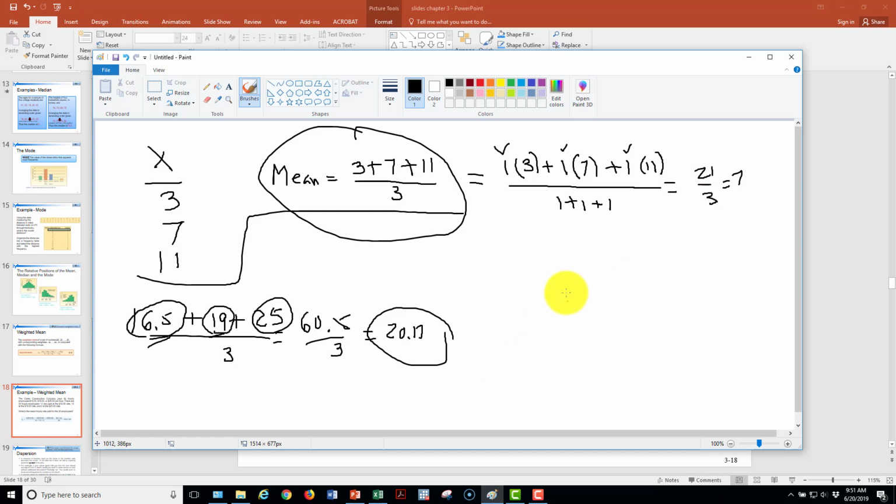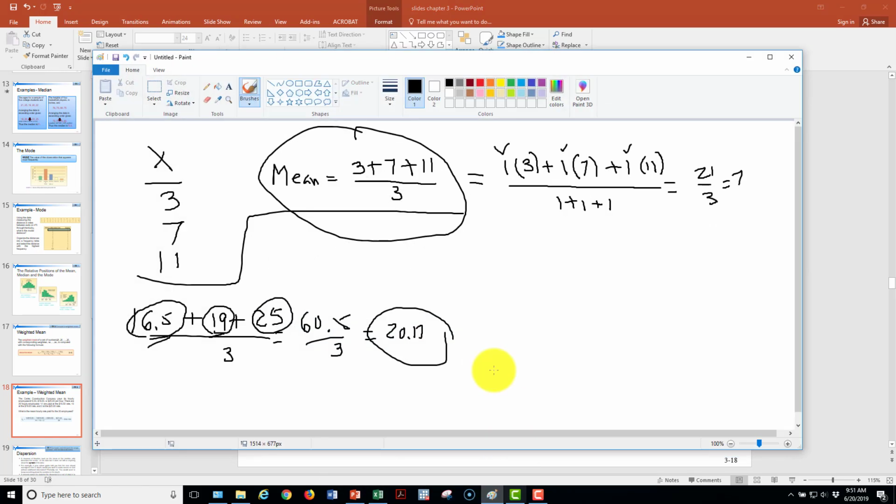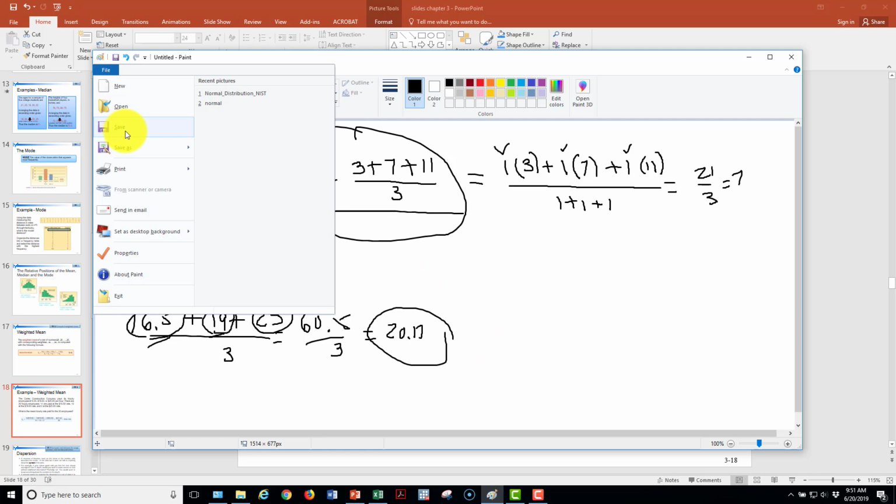However, as the illustration shows here in the slides, sometimes the values are not equally important. They're not equally weighted. Now, you can also use that same approach for GPAs.